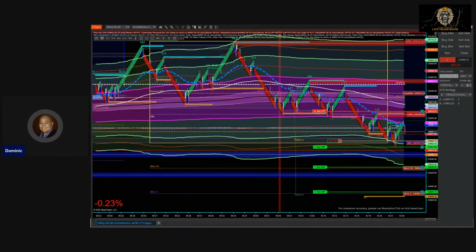Taking its time here. We had the reversal, which is good. That's good potential. So once you have that reversal, you just have to have that follow through. And it's having a hard time following through.